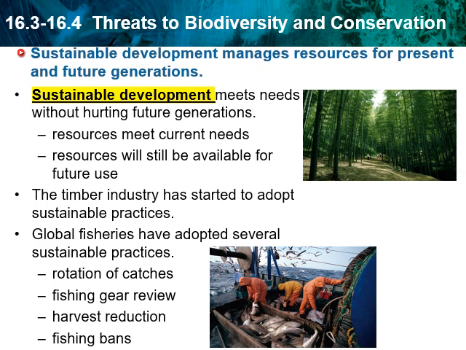And then global fisheries also have adopted several sustainable practices like rotation of catches. You can only catch things at certain times, only using certain type of equipment, making sure that you only take in so much of it, so harvest reduction, and then also fishing bans where certain species you cannot catch at all.